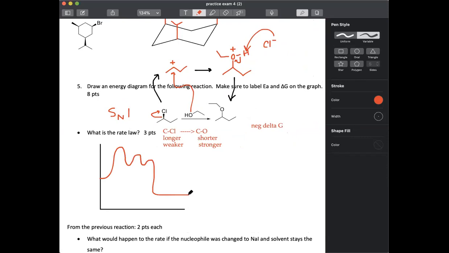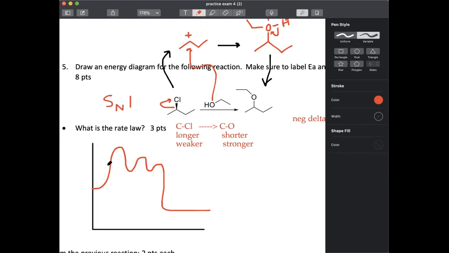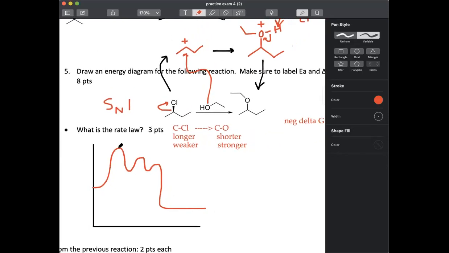So like that, 1, 2, 3. So the first hump should be your highest, right? Because this first step is your RDS step, so it's the slowest. You're gonna come down, you form a carbocation, nucleophilic attack, right? And this point right here is the formation of this, right?